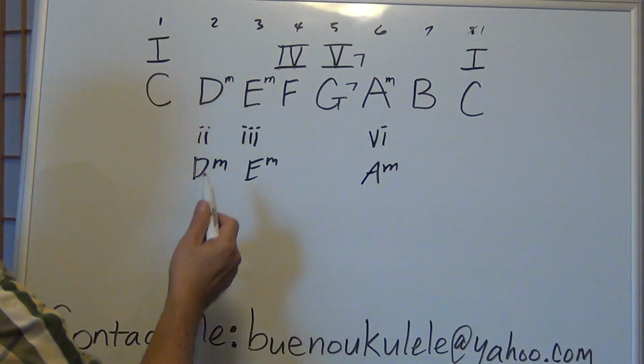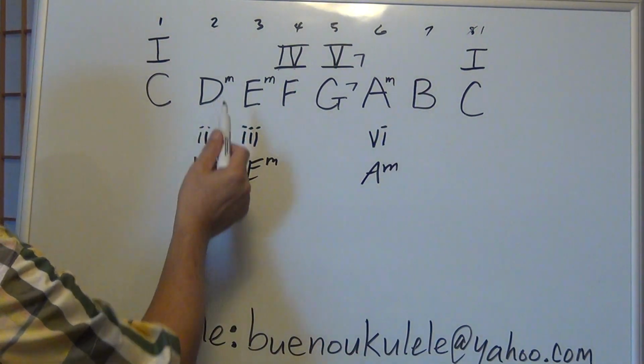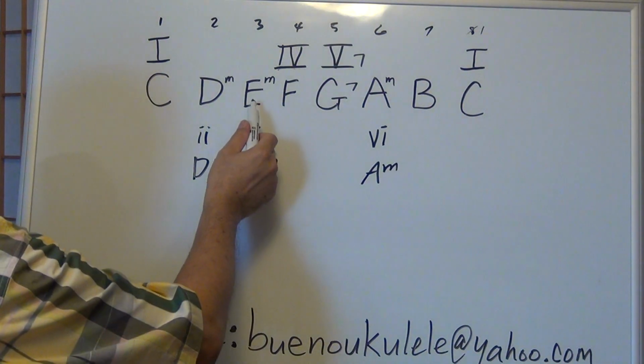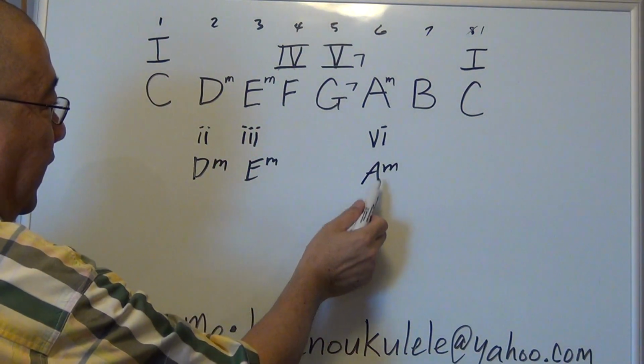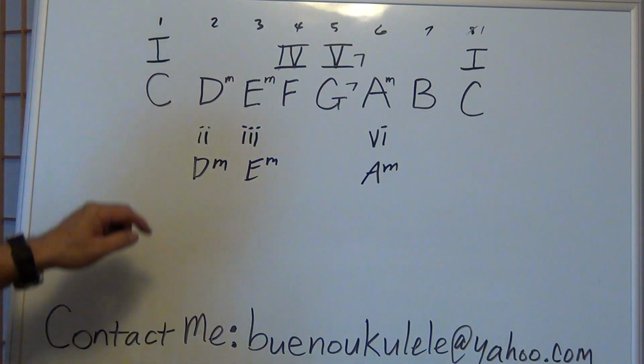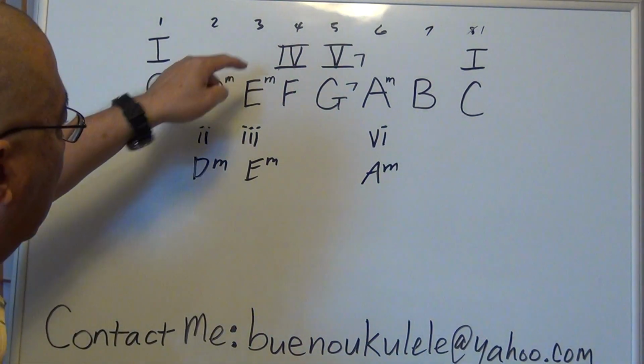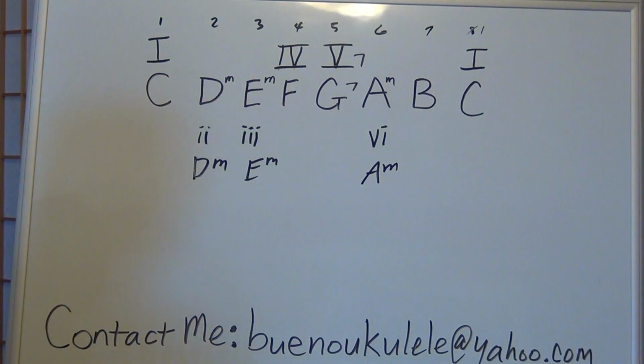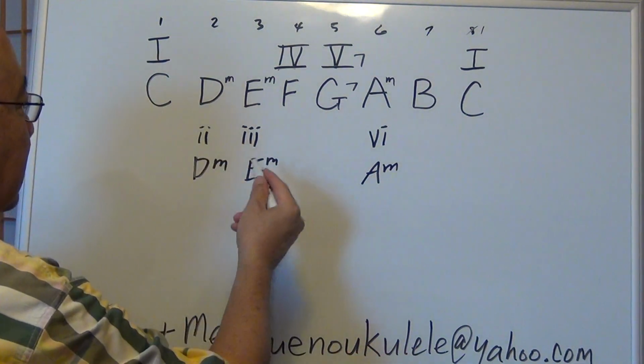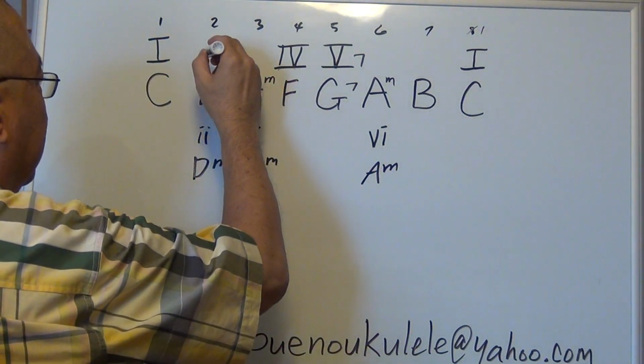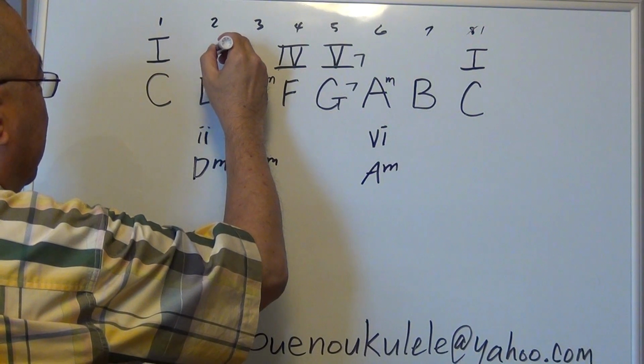That's your D minor, that's your E minor, and that's your A minor. And why is that? It's because these chords in between are smaller Roman numerals, and every time we have a small Roman numeral, they are minor chords. Okay? So I'm going to go ahead and put these up here so I can have a little more space.